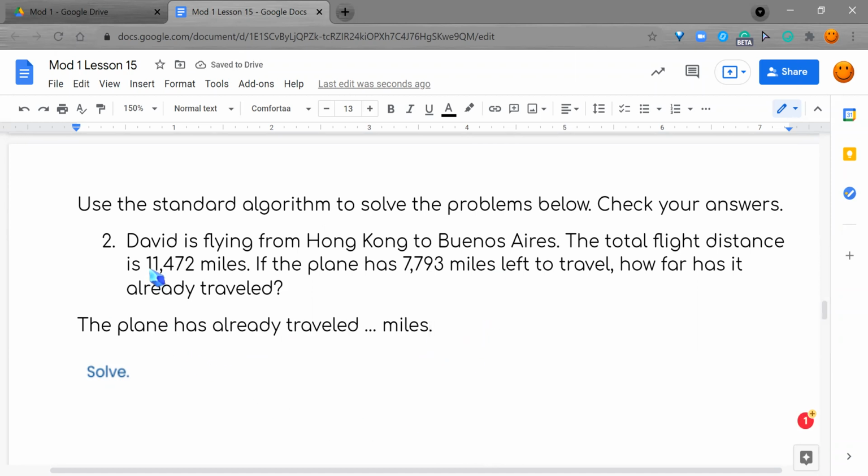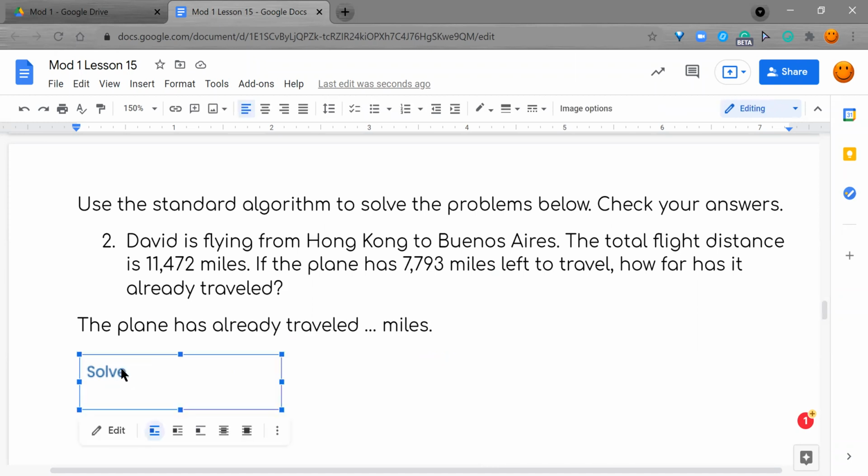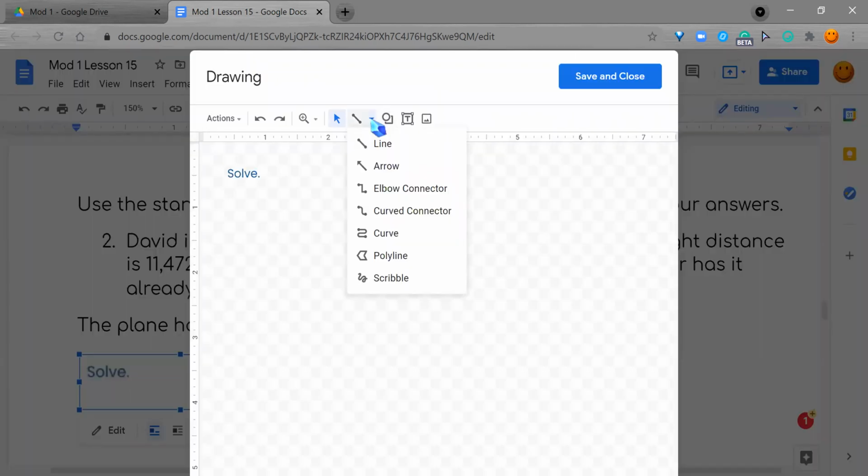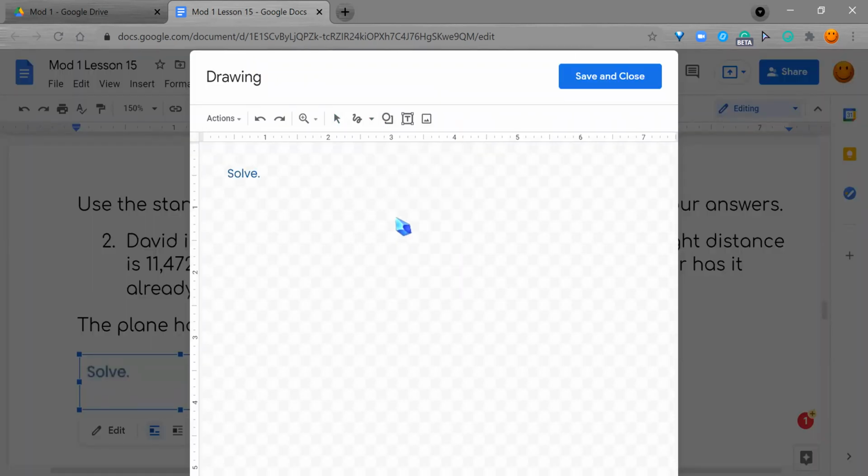Okay, now that I do, I need to remember these numbers, 11,472 and 7,793. Let's see if I can do it. And if you can't, it's okay. So right now I can see this. I have 11,400, I believe it's 72. I want to say it's 7,000 something.